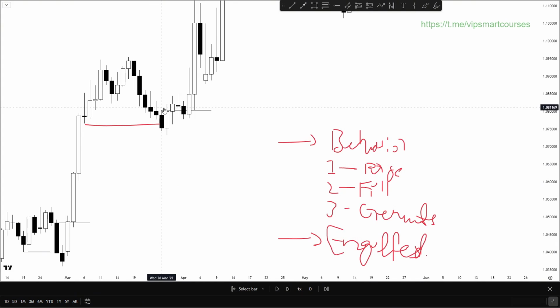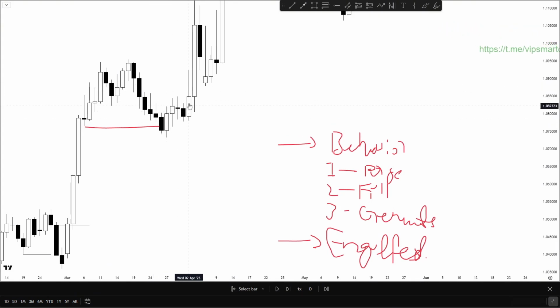Then after that point on, you can see that price also closed above these two candles as a whole. So now you can say that these two candles together filled liquidity. So once price closed above these two candles as a whole, you would have chosen these two candles as an order block.